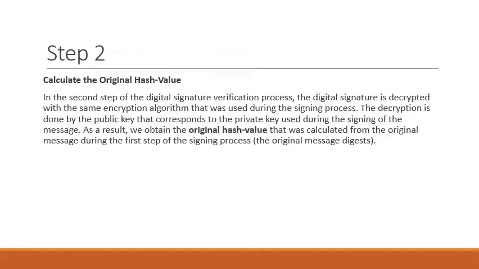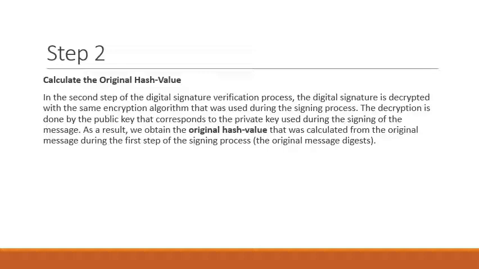The second step is to calculate the original hash value. In the second step of the digital signature verification process, the digital signature is decrypted with the same encryption algorithm that was used during the signing process. This is the original part of the message or the information they're trying to send. The decryption is done by the public key that corresponds to the private key used during the signing of a message.